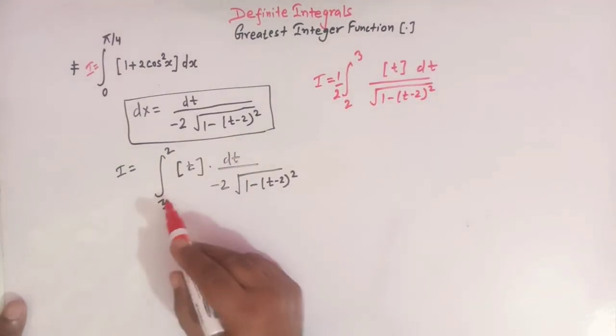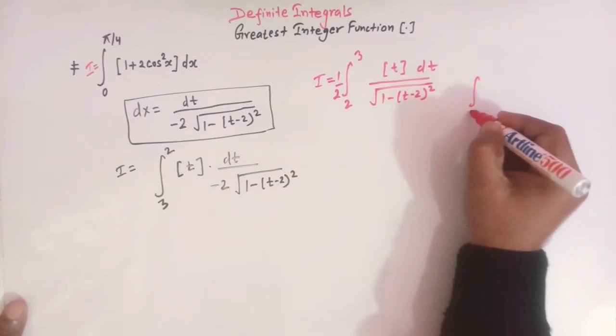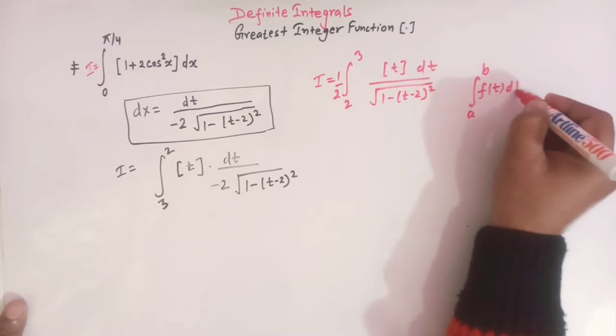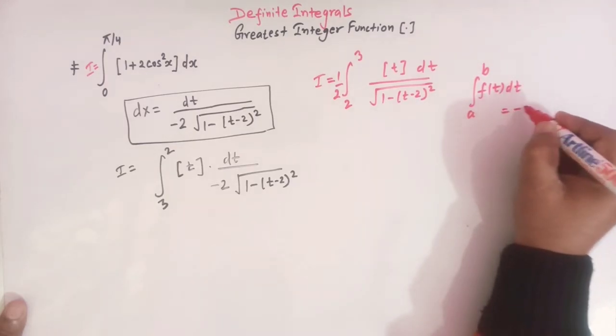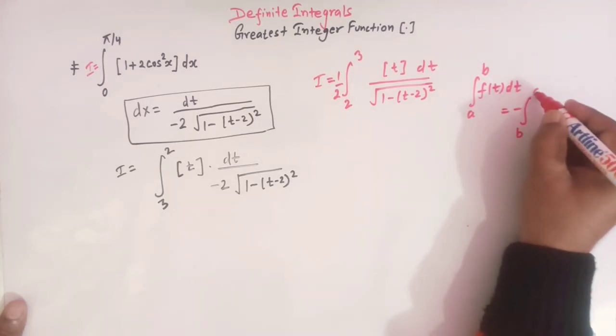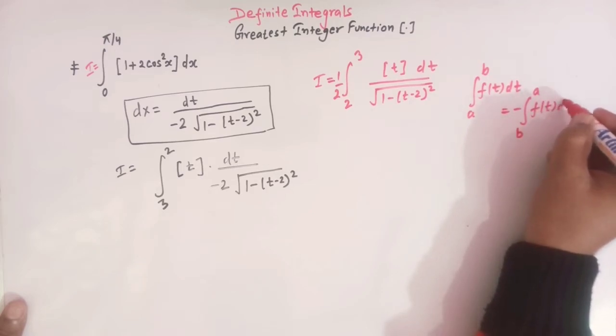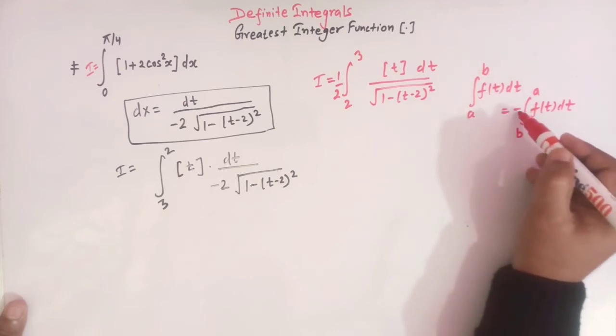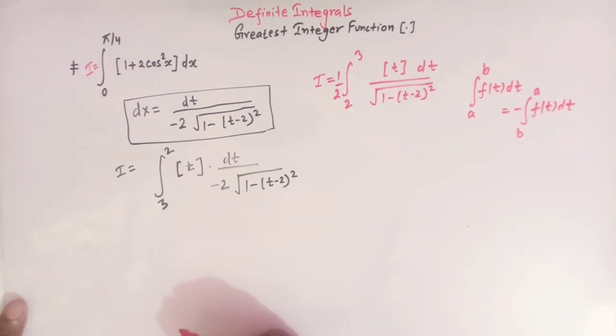So what we have done here is used this property, that is integral a to b of f of t dt is equal to negative of integral b to a of f of t dt, right?